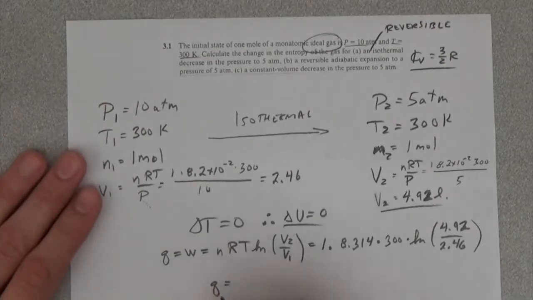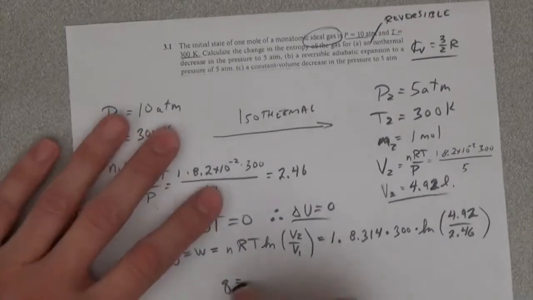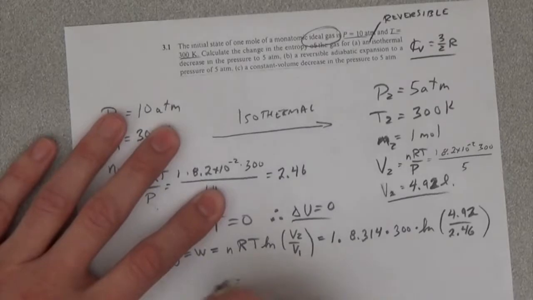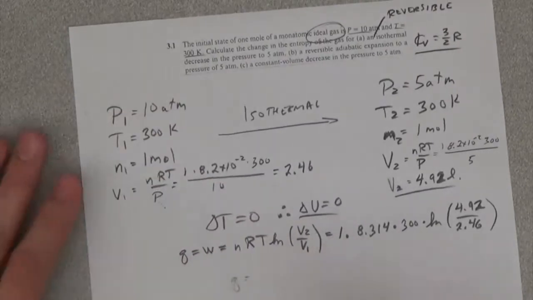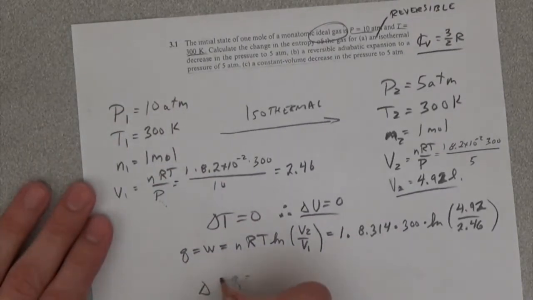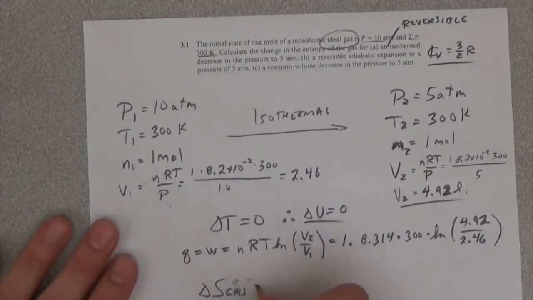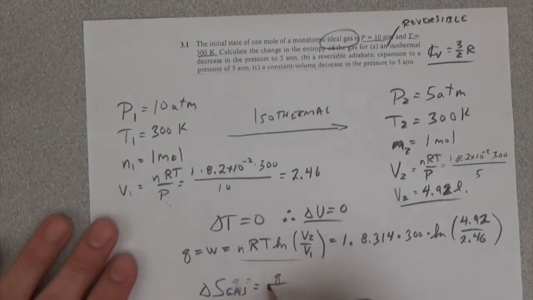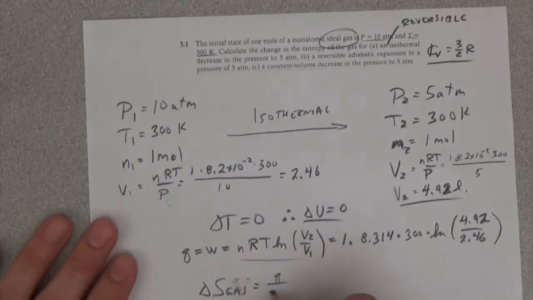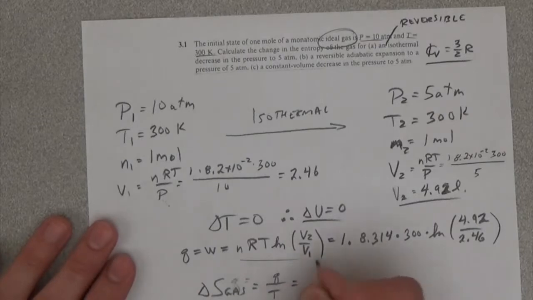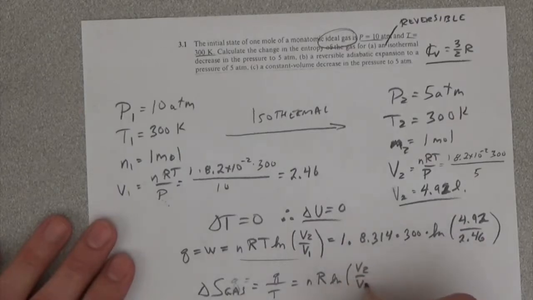when I did the calculator work, I didn't write that out. But what I do have is that delta S gas is equal to Q over T, which is equal to nR ln V2 over V1.